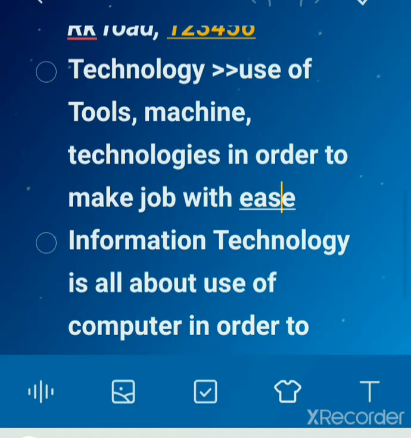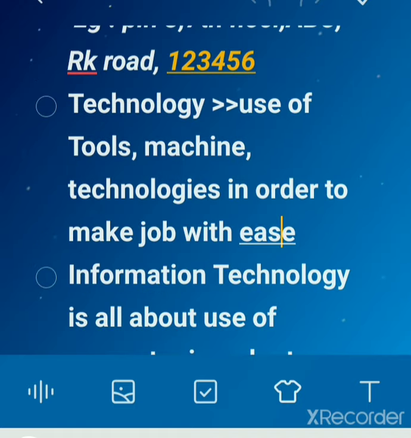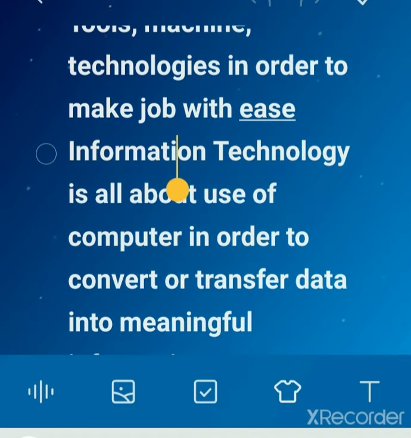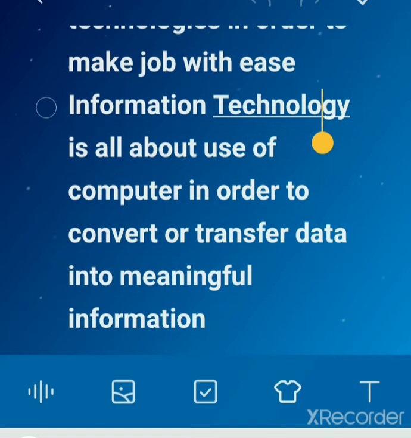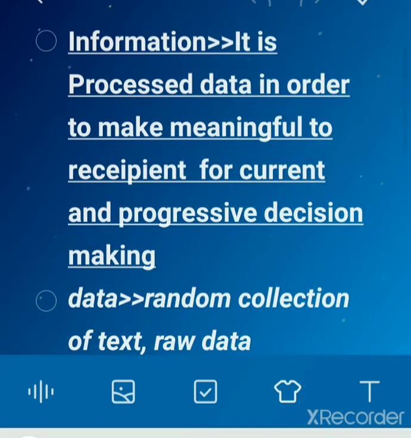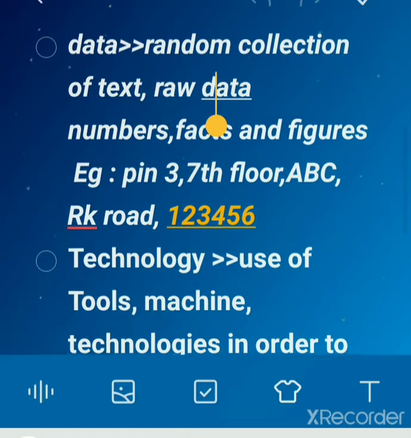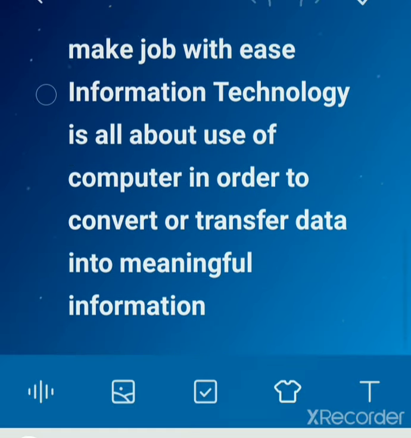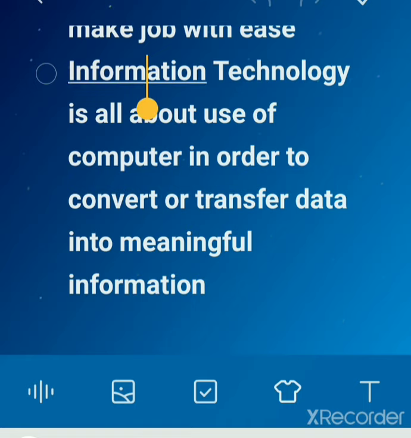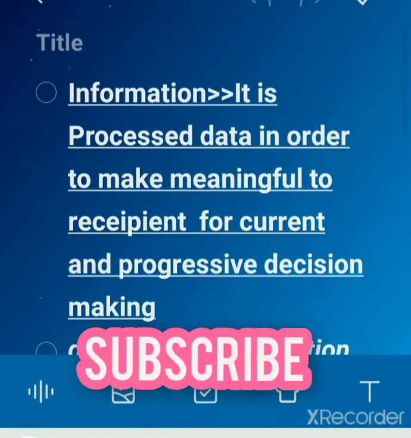That is the use of technology. Information technology is now the full definition: when we sum up information, data and technology collectively, information technology is all about the use of computers to convert or transfer data into meaningful information. Hope you understood.